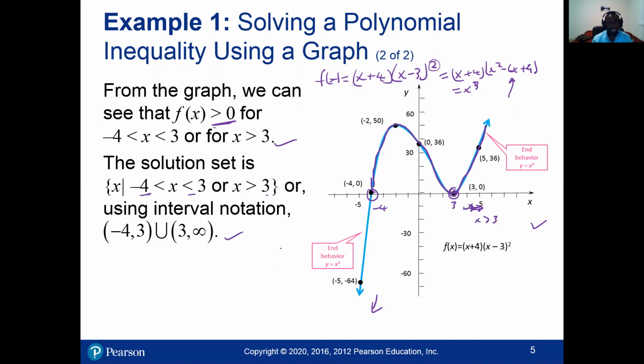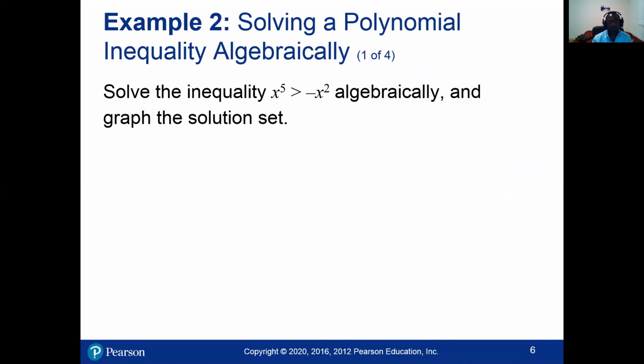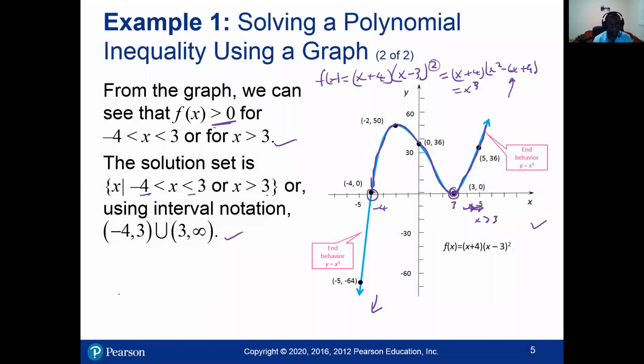Okay. Then if you want to graph the solution set, you have negative 4 and you have 3. Okay, so between this, you have a parenthesis there, and that will be a parenthesis, and then you have a parenthesis going that way.